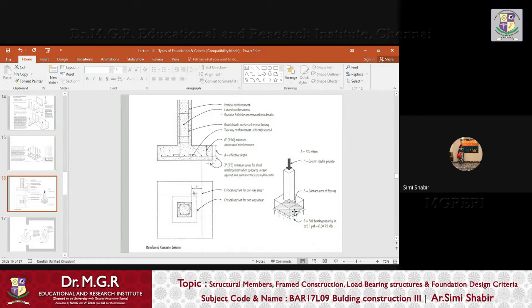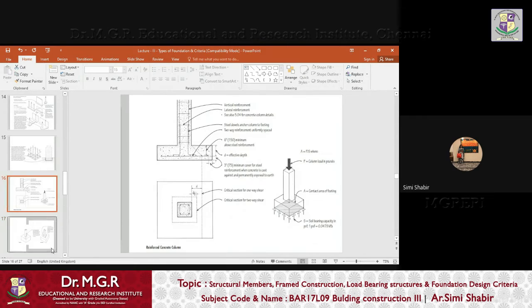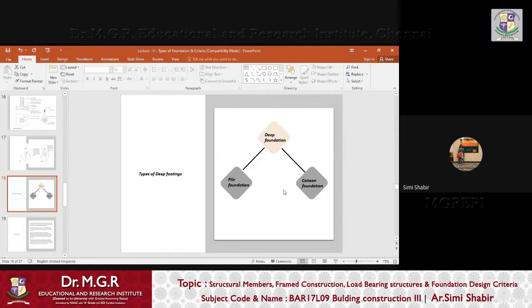The bearing capacity has to be matched. Here you can see the plan, and this is the section. Here you can see the stirrups, the vertical reinforcement, the lateral reinforcement. This is a steel column, this is the wooden one, and this is the RCC that we're talking about.